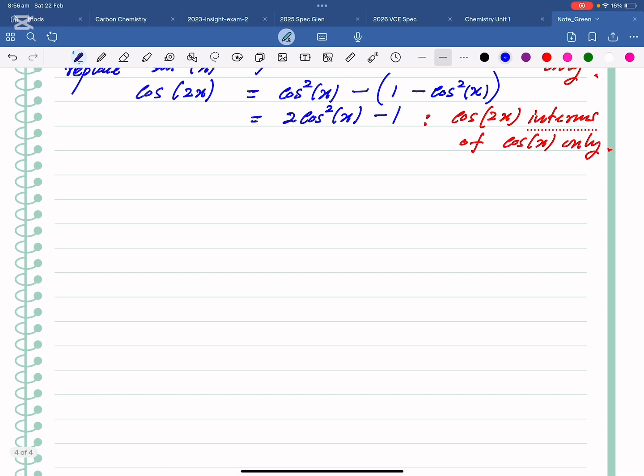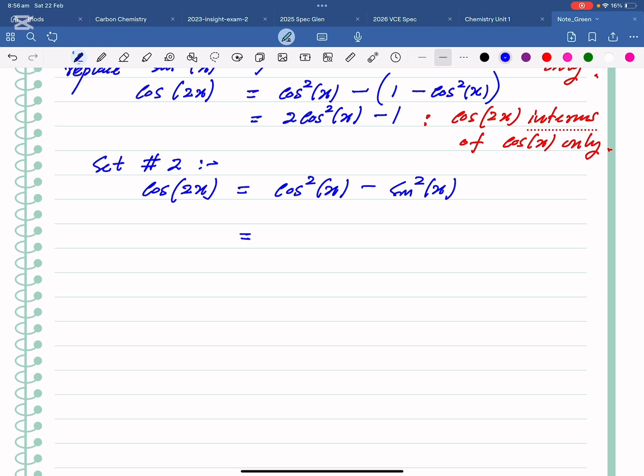Okay, set 2. What is set 2 now? In set number 2, we had cos 2x is equal to cos squared x minus sin squared x.